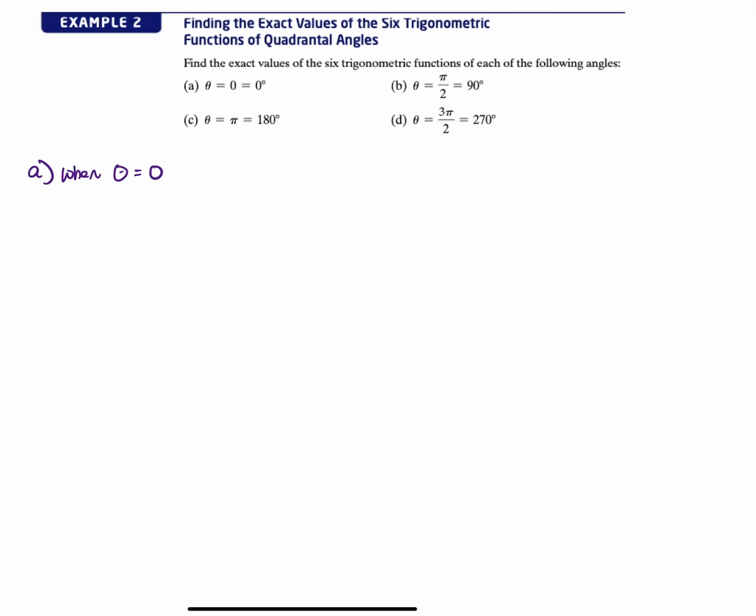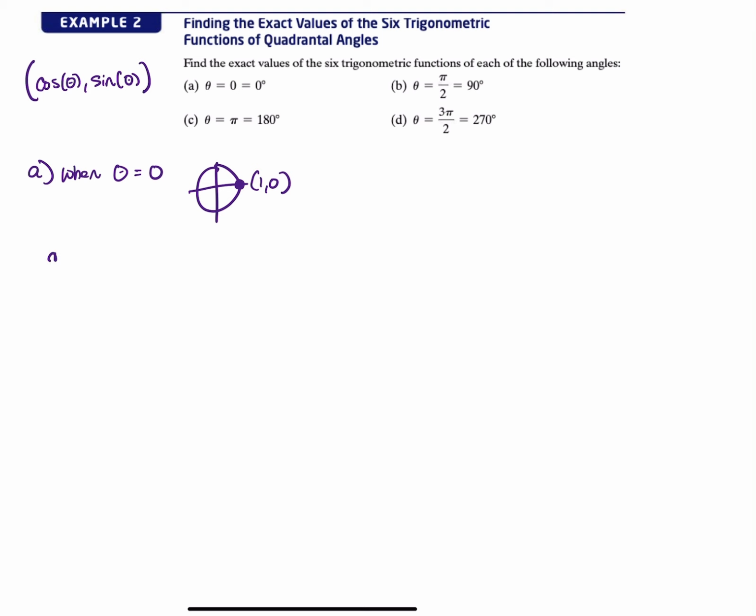Well, we are basically at the starting point. We haven't moved at all. Over here, the coordinate point is 1, 0, because the radius is 1. So let's use that fact, and I'll write it up here again, that the x-coordinate is the cosine, and the y-coordinate is the sine. And we'll be able to start listing off our trigonometric functions.